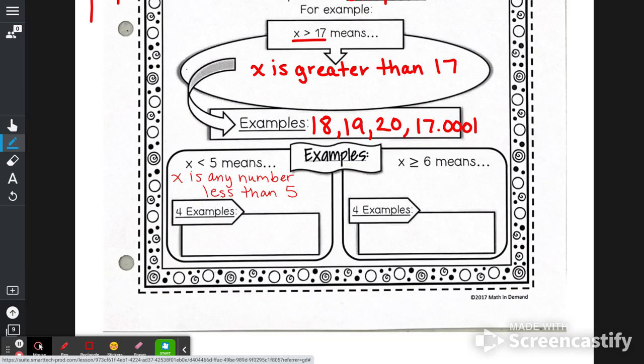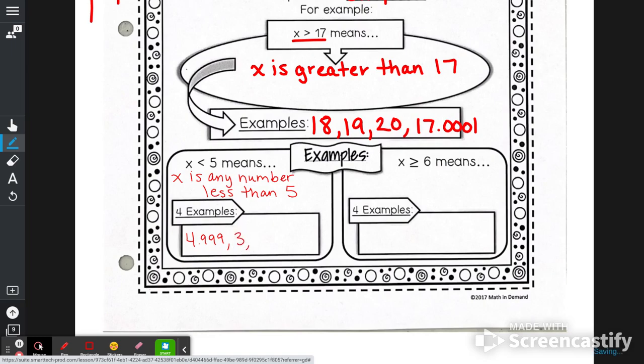Now we're throwing in a variable and we're saying X isn't just one number, it can be any number less than 5. So give me examples. 4.999, great. Give me another one. 3, perfect.